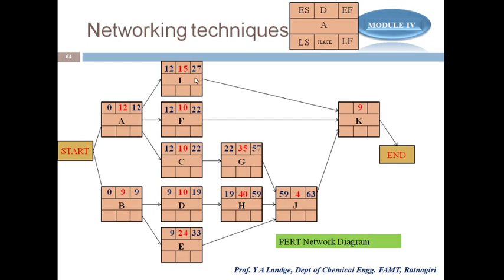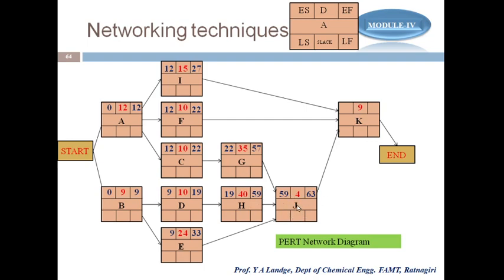I is finished on the 27th day, and F requires 22 days, but it is not possible to start K on 22 or 27, because J has to be completed, and that happens only on day 63. So I have to wait for J to complete and then start K. Though these are finished very early, even in half the time, we cannot start K because we are waiting for J, which requires around 63 days.